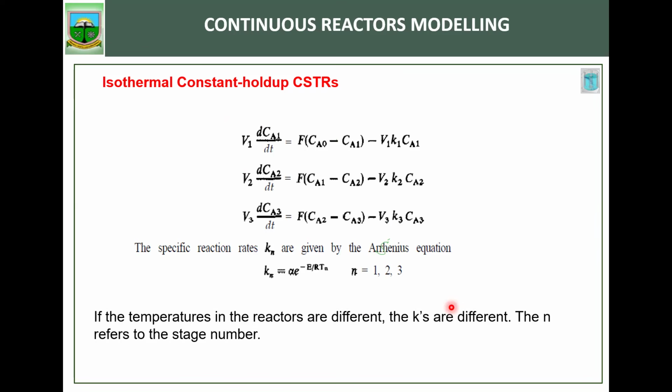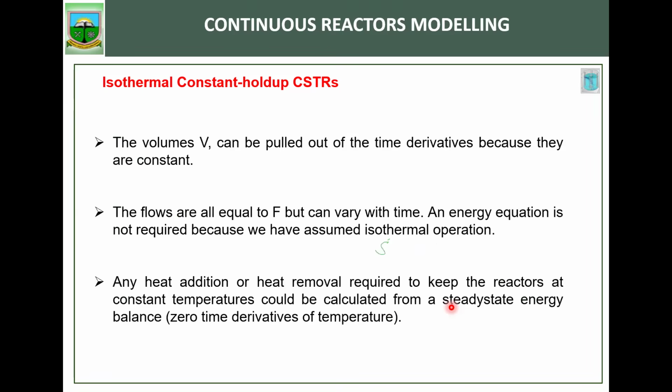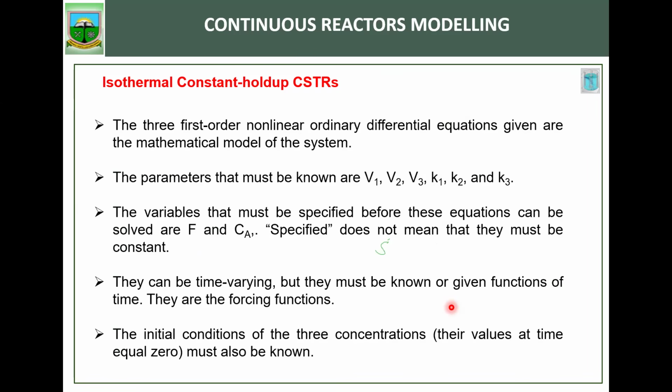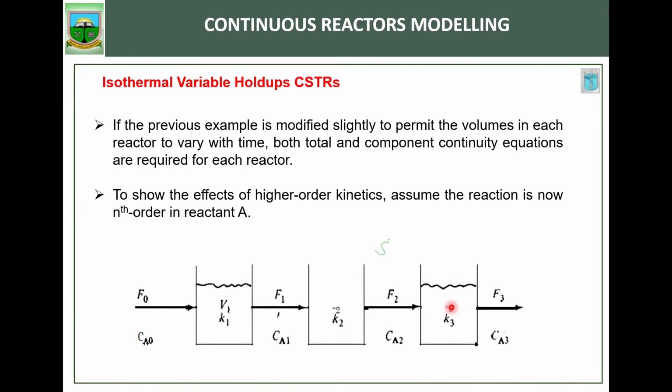The next one is similar to this isothermal constant holdup. That one, we are looking at an isothermal variable holdup CSTR. So in an isothermal variable CSTR, it's similar to what we have, but in this case, the volumes here are not the same.